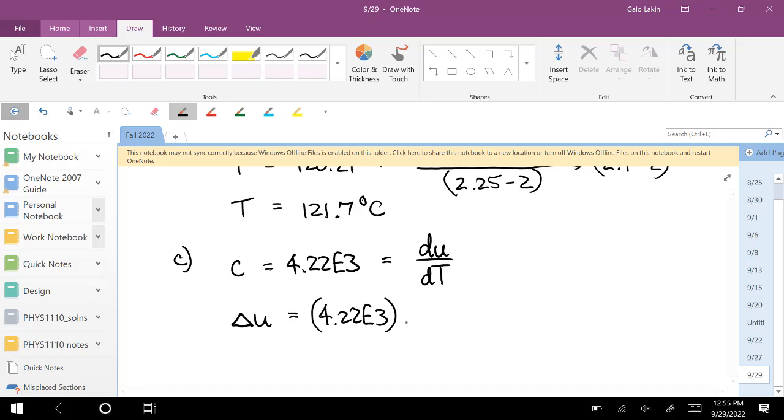It started at 100 degrees and ended at 121.7. And so you get that this change in internal energy is 91,574 joules. That's the change in internal energy.